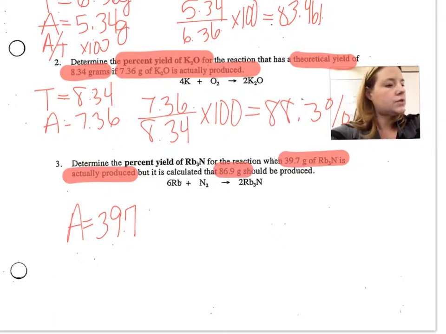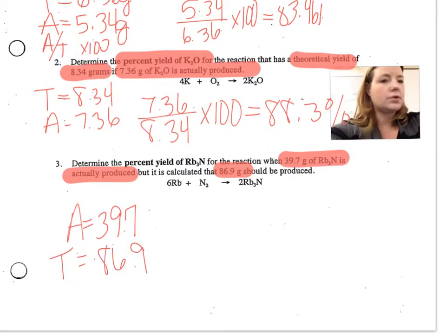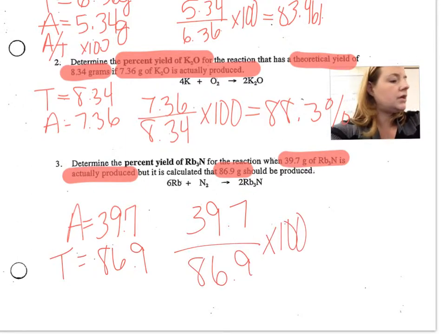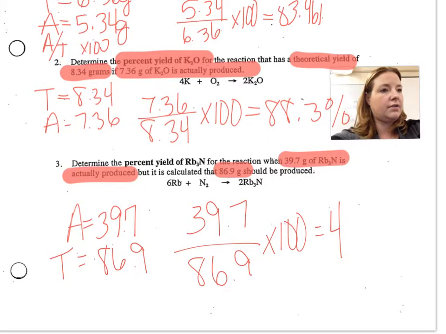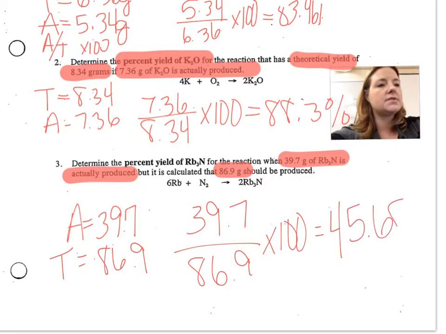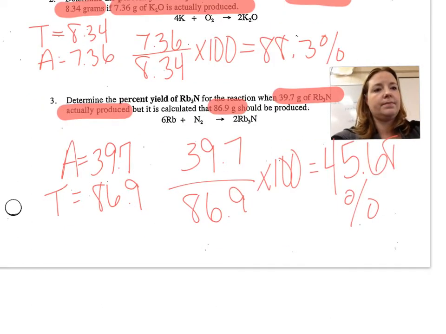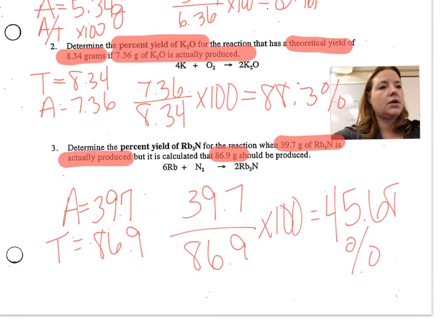So my theoretical then is 86.9. So your work should look like this times 100, and you'd get a percentage of 45.68% or 45.7% for the correct number of sig figs. Okay, go ahead, flip your paper over, try the other ones.